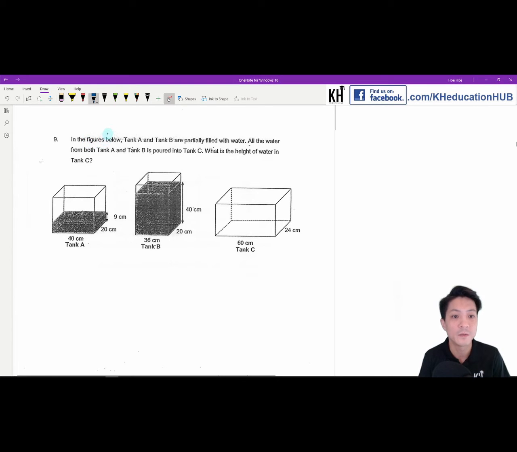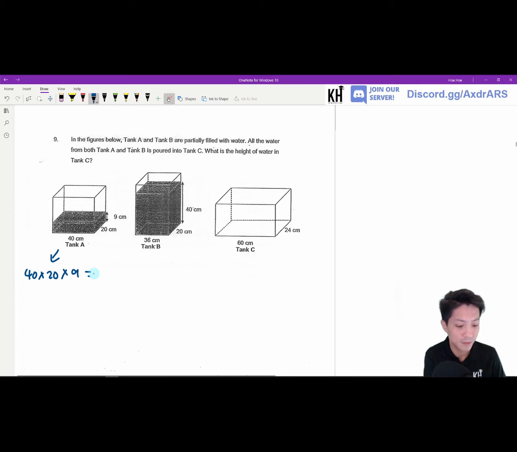Okay, question 9. In the figure below, tank A and B are partially filled with water. All the water from both tank A and B were poured into tank C. What's the height of the water in tank C? First we're going to find the volume of water in tank A, which is 40 times 20 times 9, equal to 7,200.